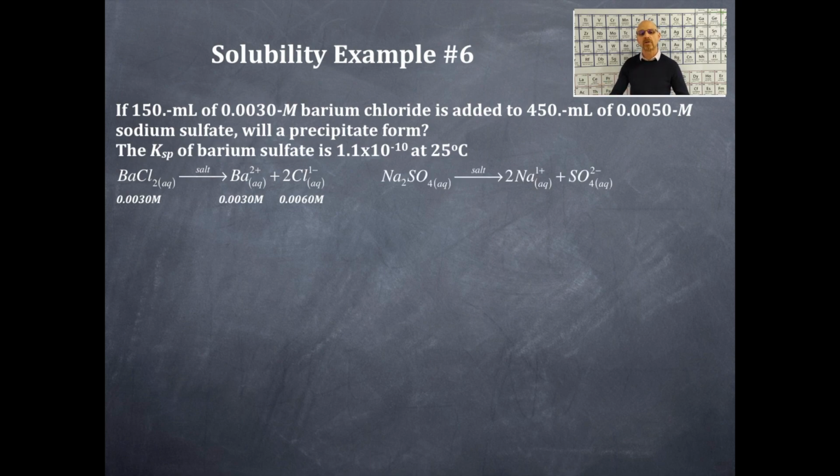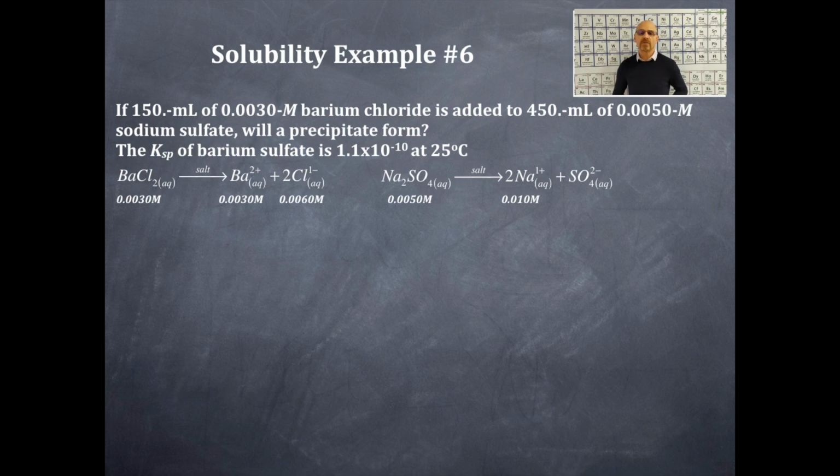So sodium sulfate is also a salt. That means salts dissociate 100%. So I've got 2 sodium ions on the product side and 1 sulfate ion on the product side. The initial concentration of the sodium sulfate is 0.0050 molar. So I'm going to get the sodium ion concentration and the sulfate ion concentration. The sodium ion concentration is 2 times the sodium sulfate concentration, and that will be 0.010 molar.